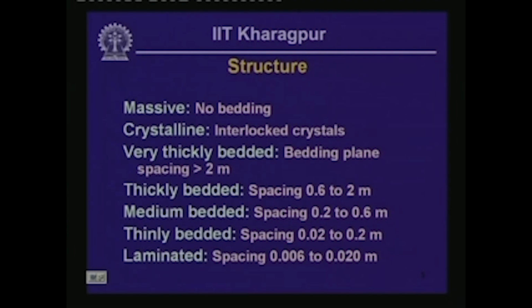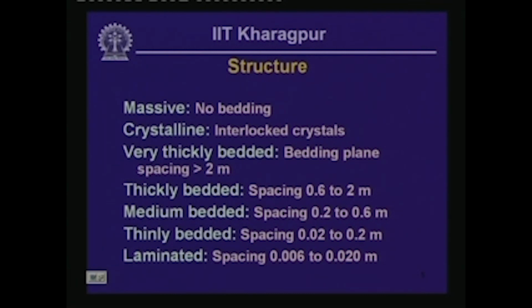Then we get into bedded structures. We begin in the order of decreasing thickness of the bedding, very thickly bedded. Here the bedding planes are spaced at a spacing of greater than 2 meters from each other. Then thickly bedded, here the spacing could be anywhere between 0.6 of a meter to 2 meters.